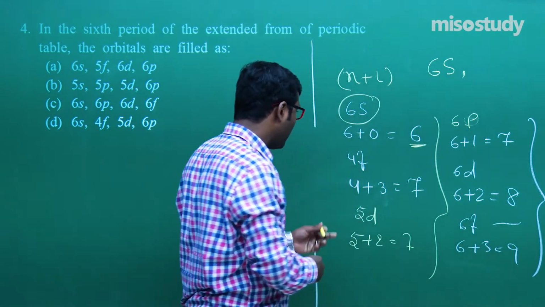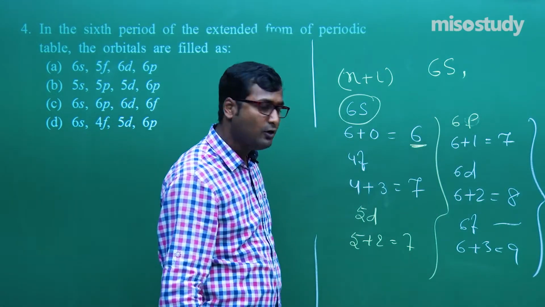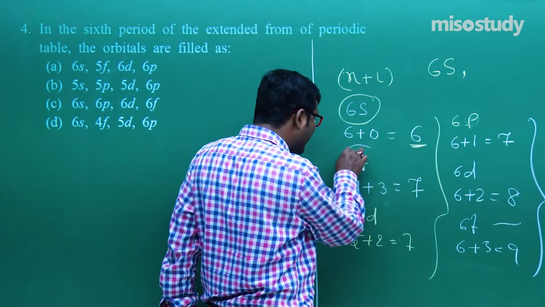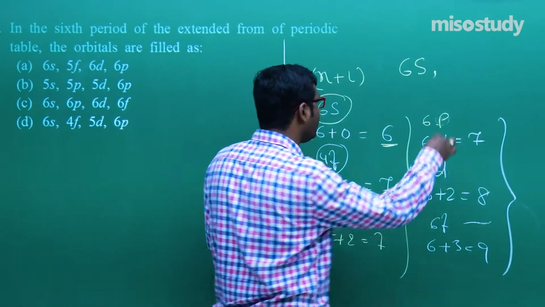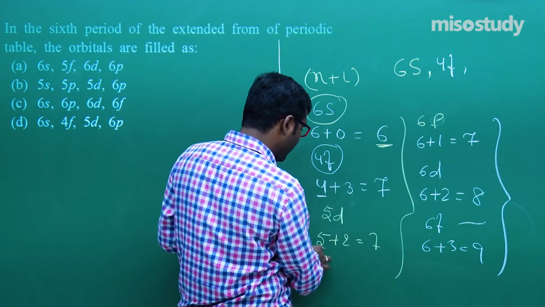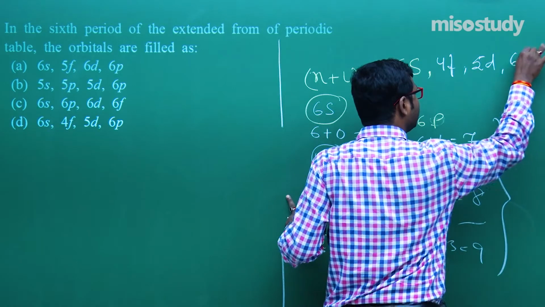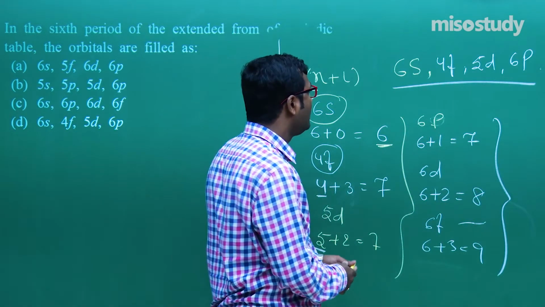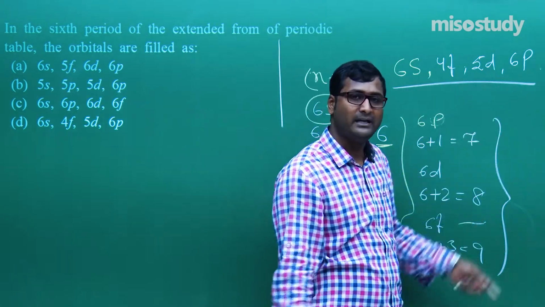Then there comes 4f. 5d and 6p all have the same value of n plus l, but the rule is the subshell which has less value of n will get the electron first. Then there comes 4f. If I compare 5d and 6p, 5d has the lesser n, so the order is 6s, 4f, 5d and 6p.